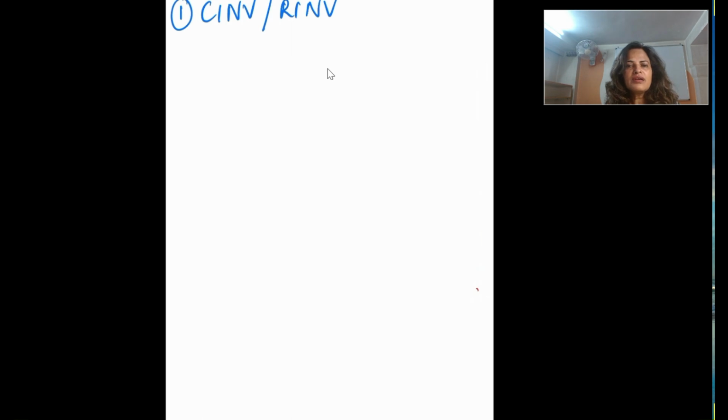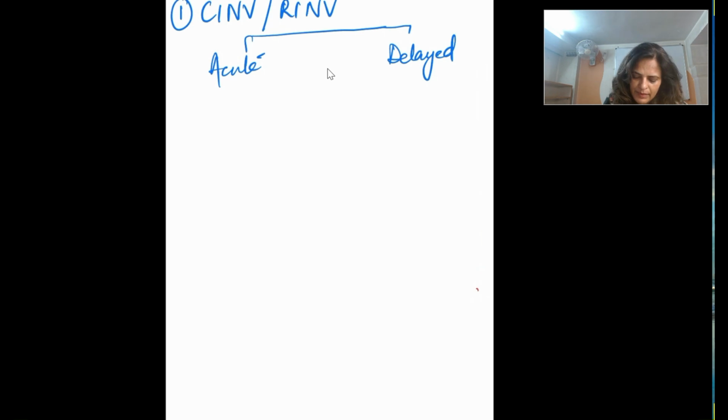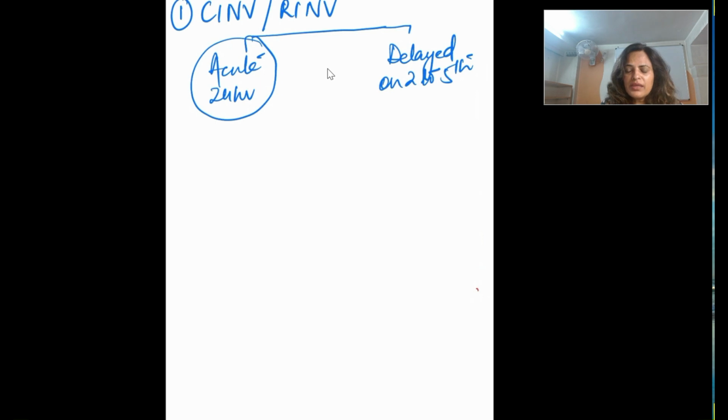With chemotherapy, especially highly emetogenic chemotherapy, there are two phases of nausea and vomiting: the acute phase and the delayed phase. The acute phase happens within 24 hours, whereas the delayed phase happens on the 2nd to 5th day.